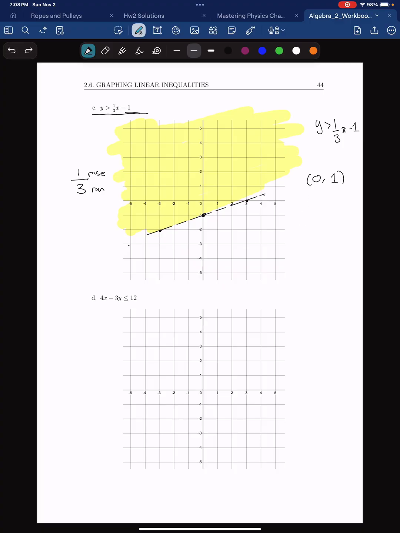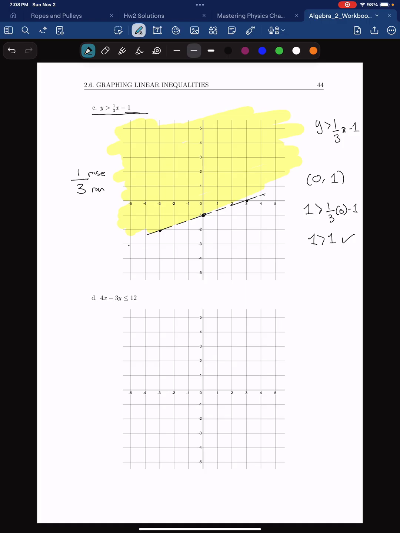My y is 1, so 1 is going to be greater than, so x is 0, so 1/3 times 0 minus 1. Y is greater than 1. Our inequality is satisfied. All right?